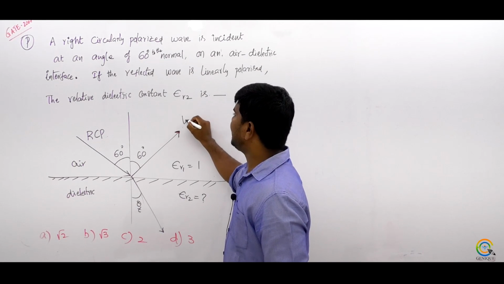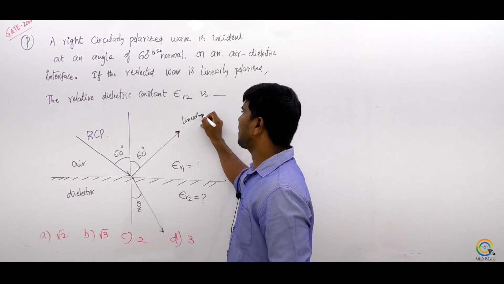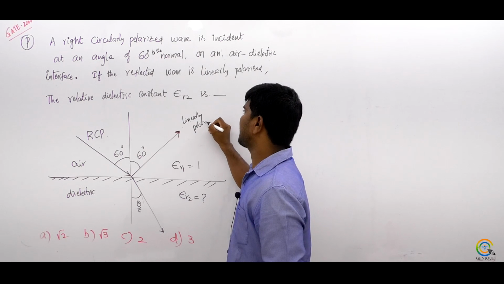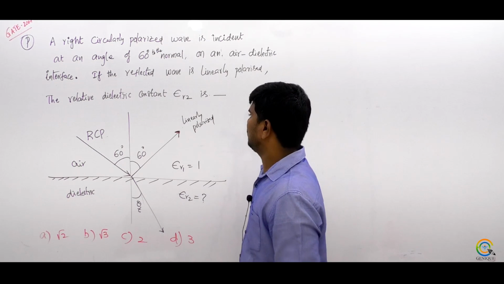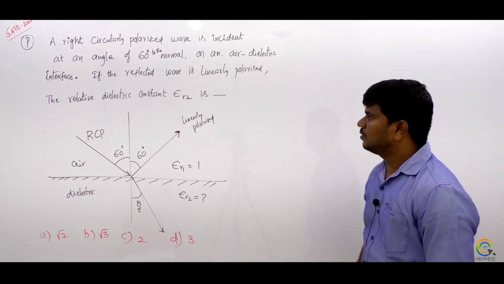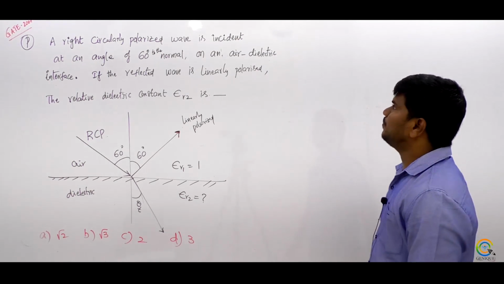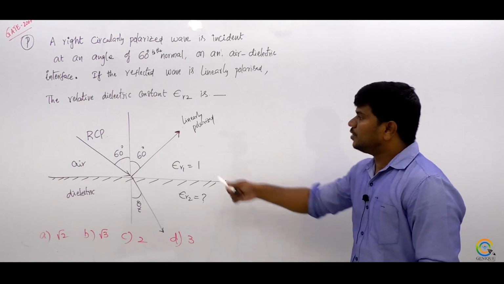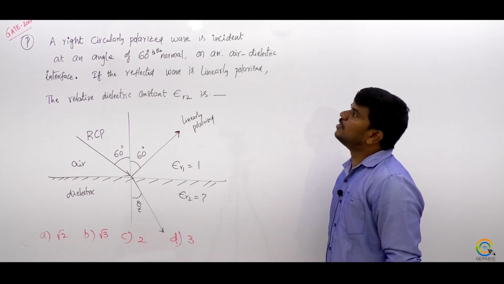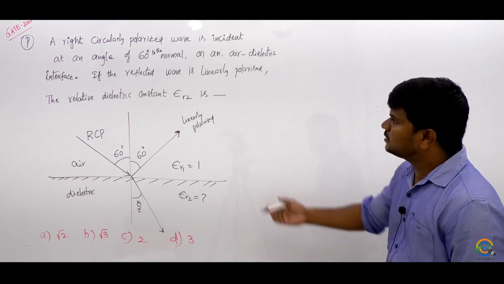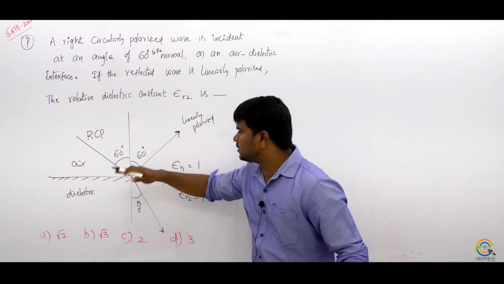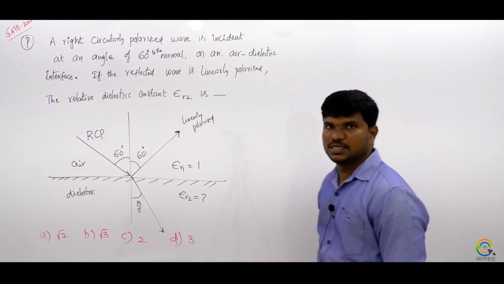It is a linearly polarized wave. So one is the right circularly polarized wave, and you have to observe which kind of incidence it is. It is obliquely incident on this interface.